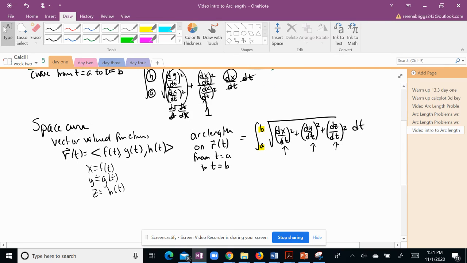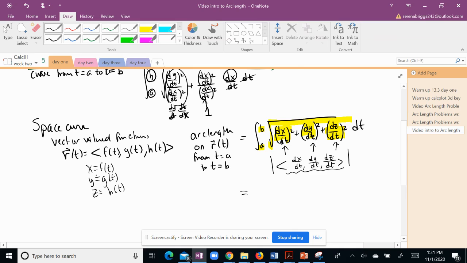That can be written a lot faster by looking at the fact that what you have here is a square root of components squared, or in other words, the magnitude of a vector. The magnitude of a vector with components dx over dt, dy over dt, dz over dt is what's sitting under that radical, magnitude of that vector.